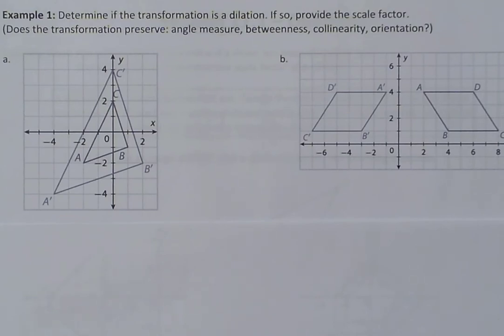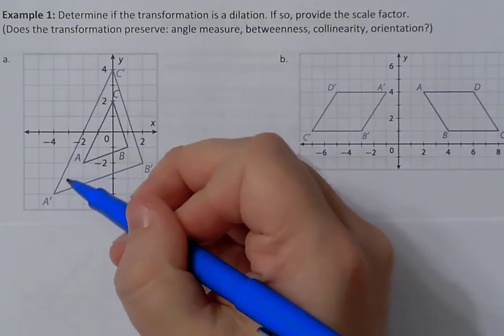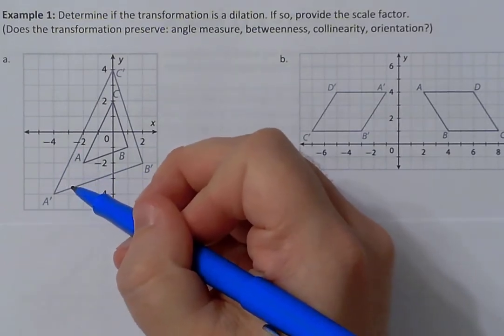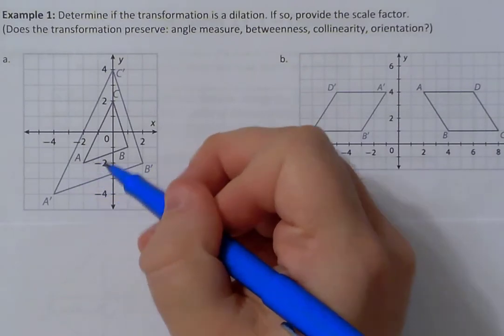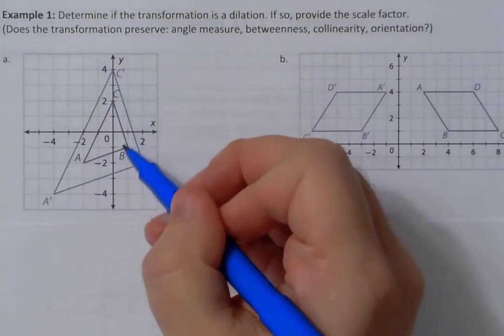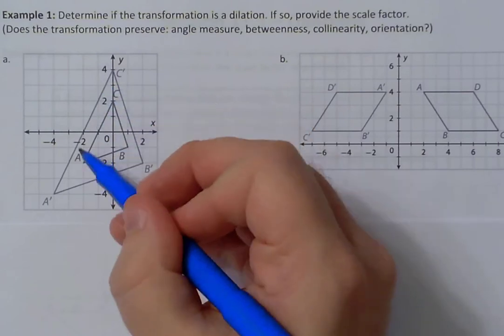Just by looking at it, we can determine some of this. Does it appear that we have the same angle measure? Does it look like it's the same shape, but just smaller or larger? I would say that it preserves the same angle measure. Betweenness means that it would maintain the same distance from this side length to this one the whole way, and then the same thing for BC and then AC.